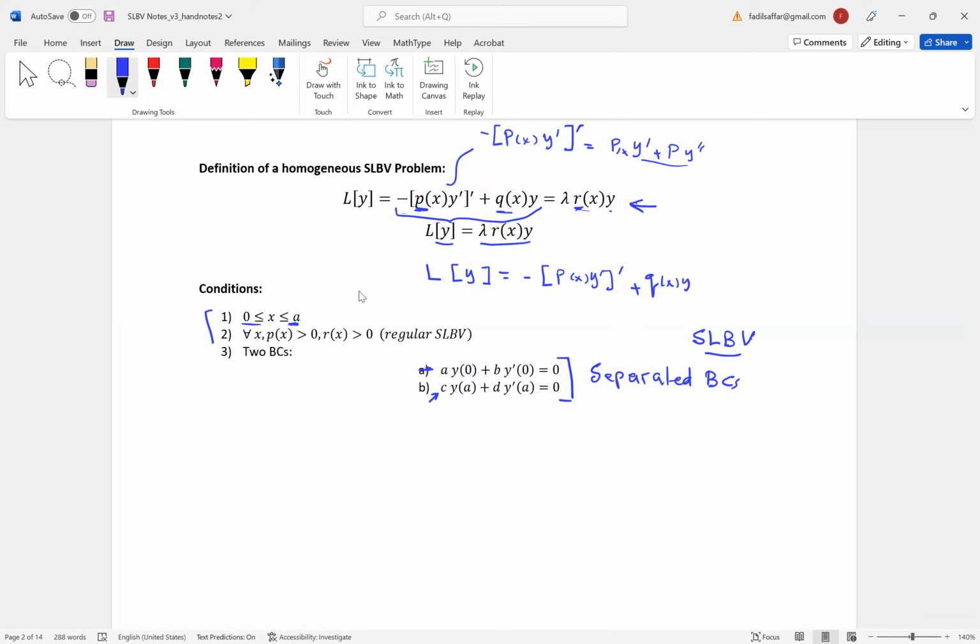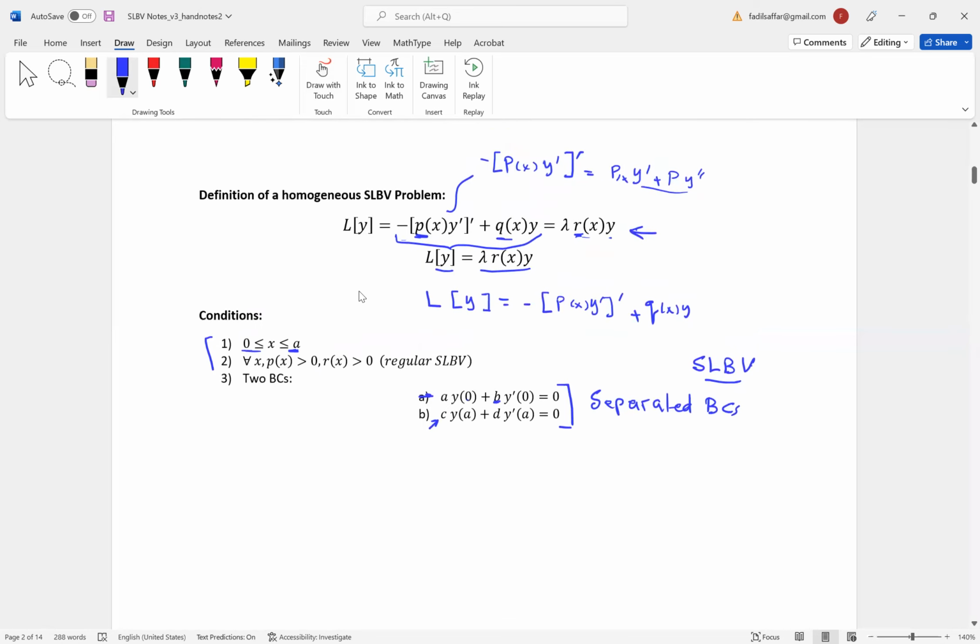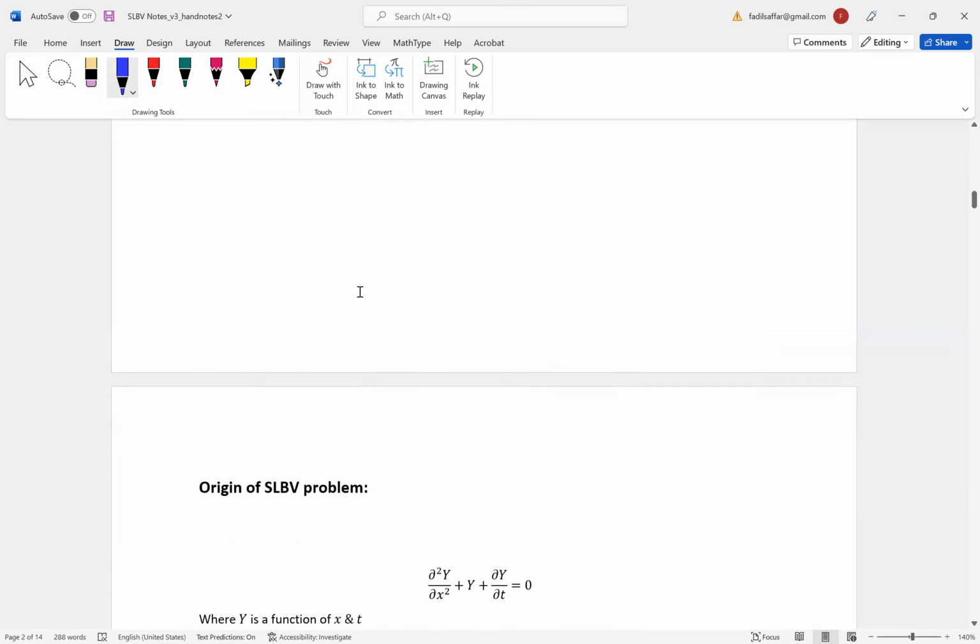This part can be 0, but it doesn't have to be. This p can be 0, but it doesn't have to be. This is the very general form of the SLBV problem, its definition and how it looks. Let's move on and learn a bit more.